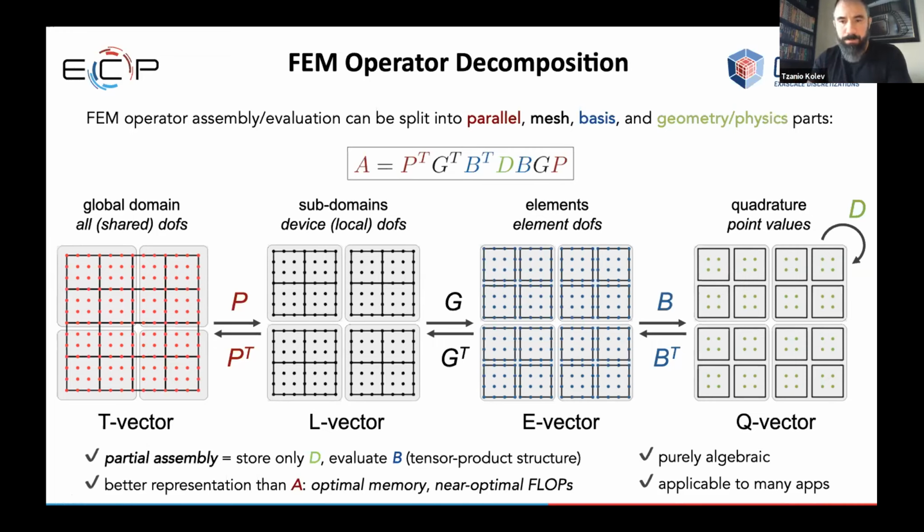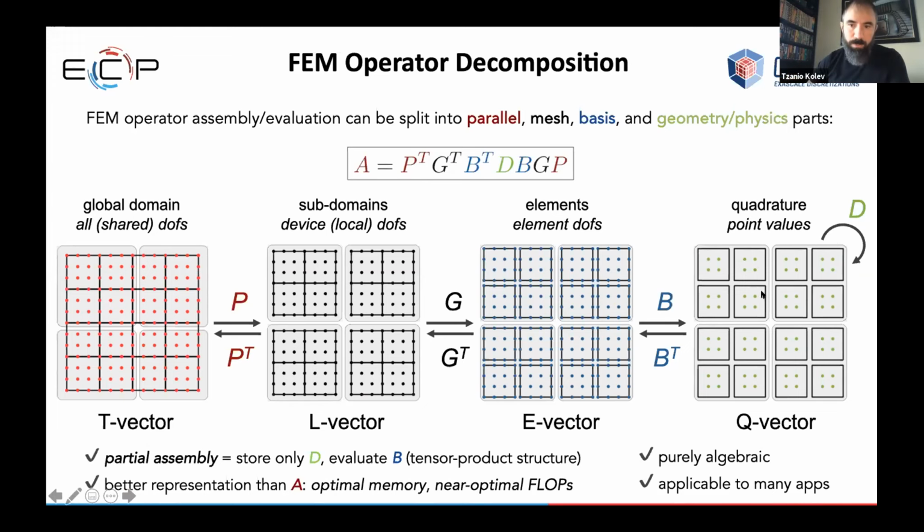That's where all the Jacobians of the geometry, that's where coefficients and artificial viscosity material models get evaluated. So this operator D here is really kind of like diagonal or block diagonal, if you have something like a diffusion operator that is embarrassingly parallel. It performs computations quadrature point by quadrature point.